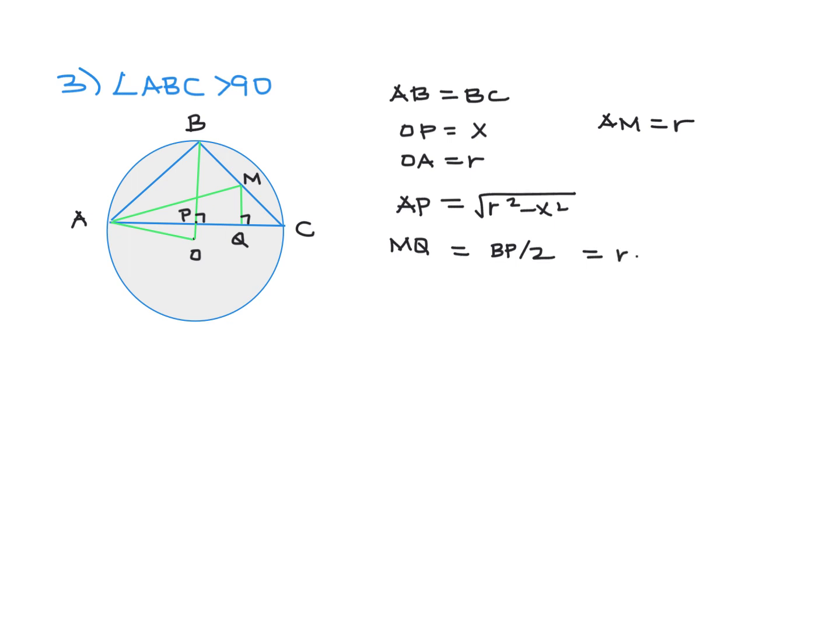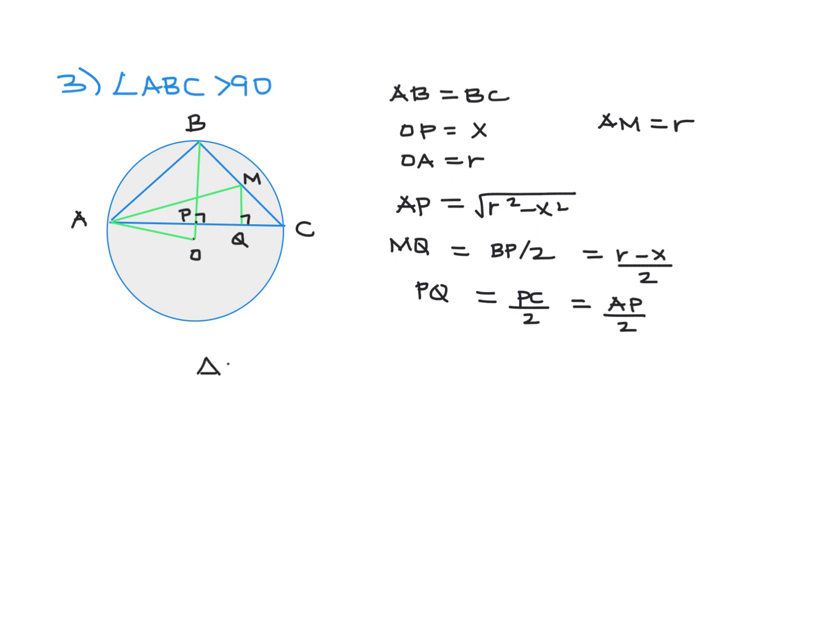Yeah, R minus X. And then we got to put that over 2. And then PQ, that would be basically half of PC, because it's coming down from M, which is the midpoint. And therefore, that's really just half of AP, since AP and PC are the same. Okay, so that's the setup.